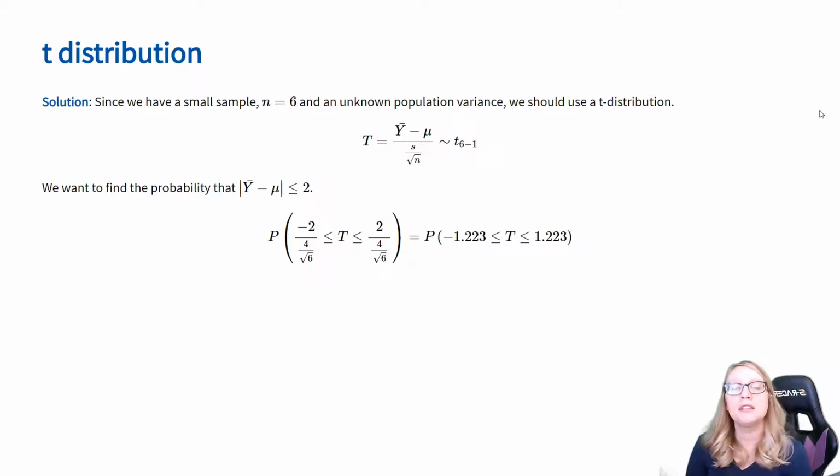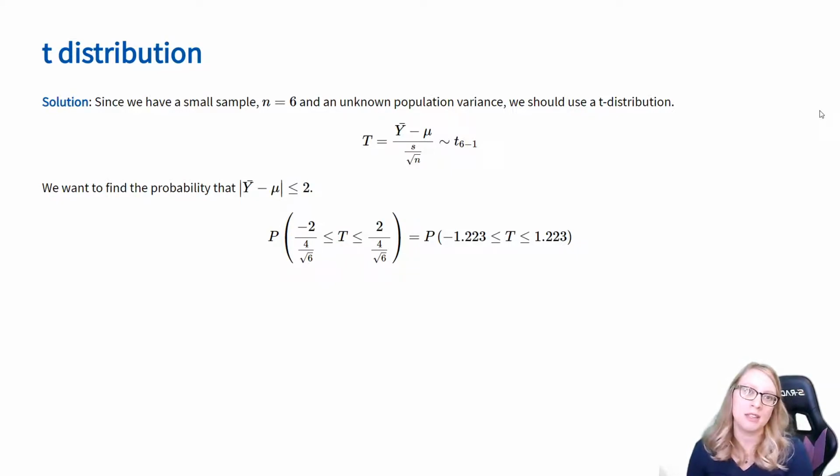So we want to find the probability that the difference between the sample mean y bar and the population mean mu is less than 2. So we'll set up an interval here. I'm going to divide by s over the square root of n on both sides of this interval to build this t distribution.